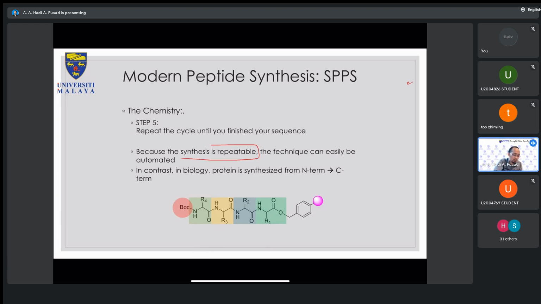Because the synthesis is repeatable, as you can see, it's kind of like a loop reaction, so to say. So this technique is easily automated. We will look at a few examples of an instrument that has been developed for peptide synthesis. In comparison, in biology, you start from N to C, as I mentioned, and as we've looked at a very tiny bit before.